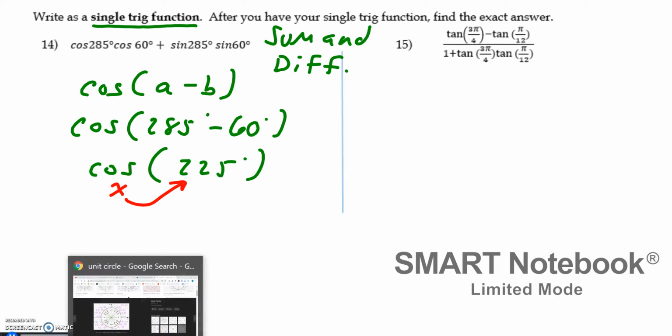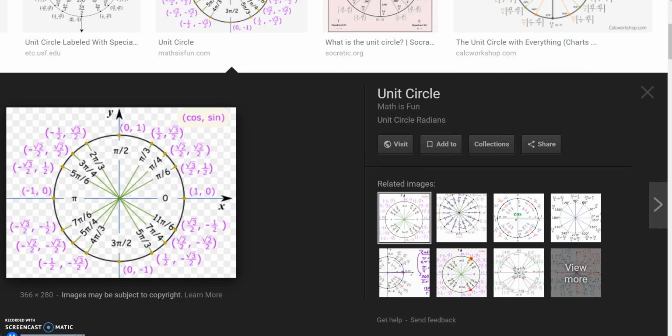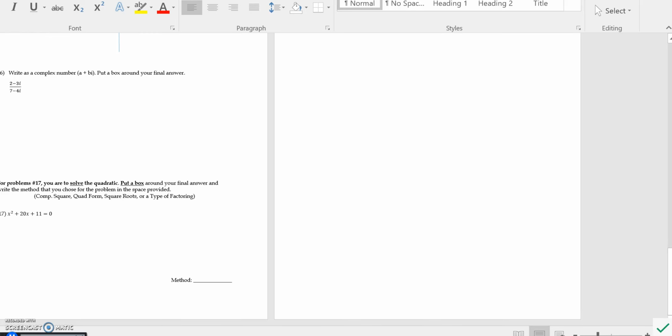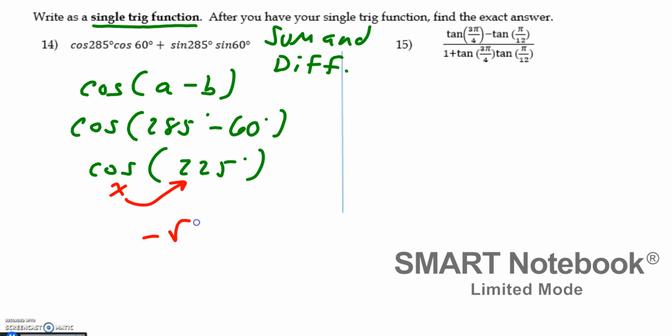Well, handy dandy Google here has a unit circle, and I know you have one on a reference sheet. 225 degrees is the same as 5 pi over 4. So the x value at 5 pi over 4 is negative root 2 over 2. So my answer is negative root 2 over 2, because that is my x value at the angle 225.